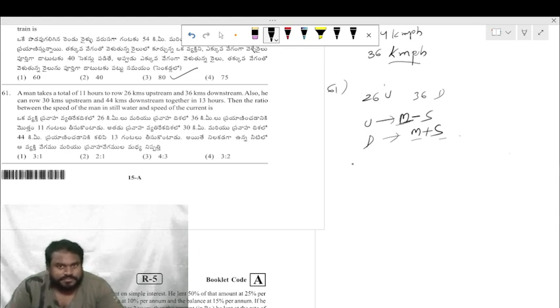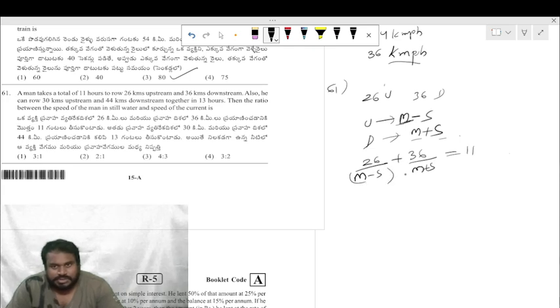So now he is taking 11 hours. You can write it as 26 by m minus s plus 36 by m plus s is equal to 11. This is one case.